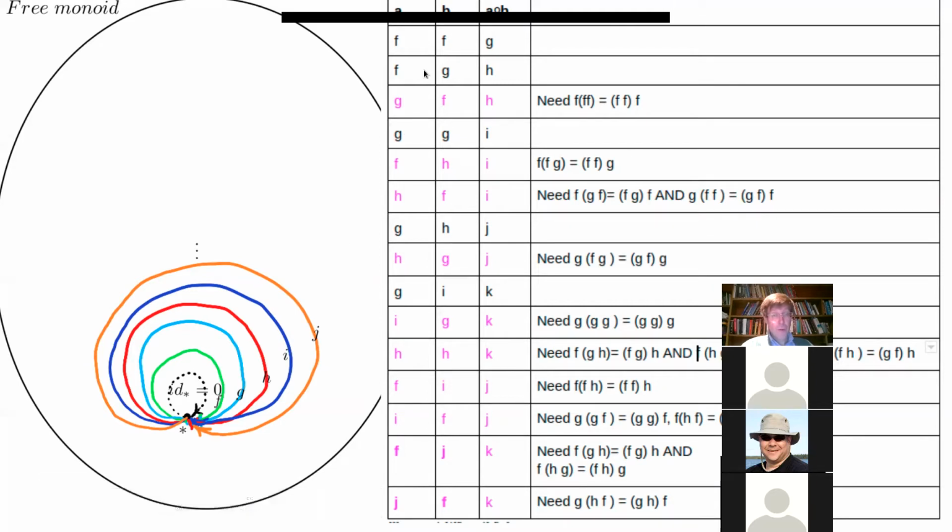Well, if we combine F and G, is there anything forcing us to give back something we already have, like F or G? If you think about it, no, there's nothing that forces that to be G. It doesn't force it to be F. So we'll call it H.